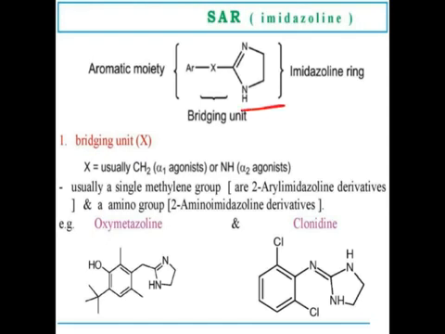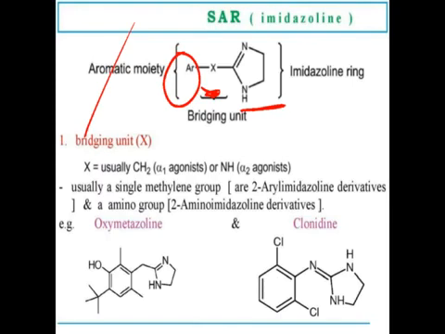This is the imidazole ring. This is the X part, that is the bridging unit. It bridges between the aromatic moiety and the imidazole ring. So the total structure consists of three parts. One is the imidazole ring, second one is the bridging unit which bridges between the aromatic part and the imidazole, and third one is the aromatic moiety.